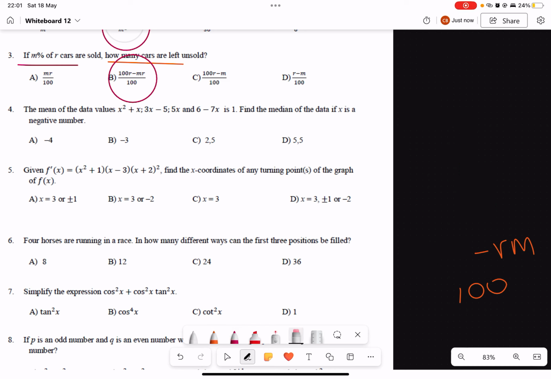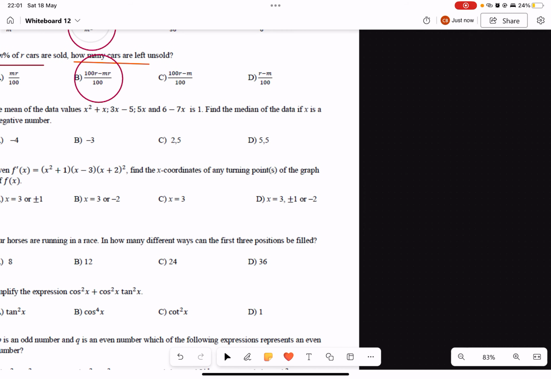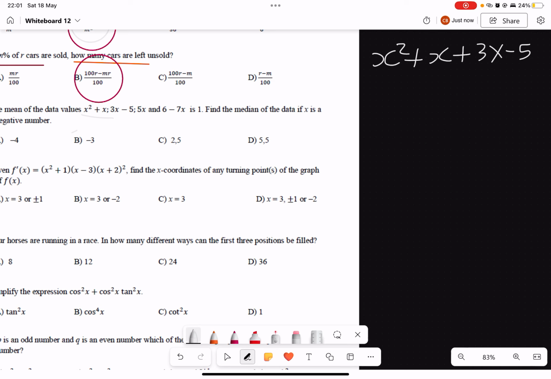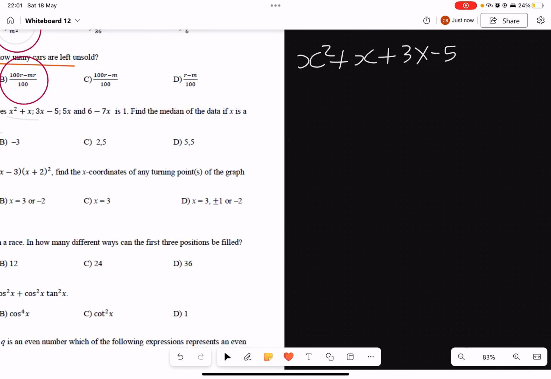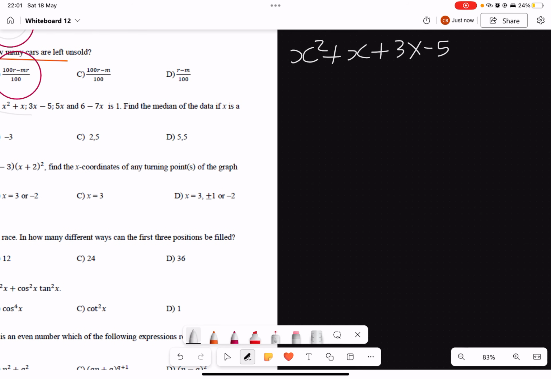So question 4, they say if the mean of the data values, so these are the data values: x squared plus x, I'm going to add it with 3x minus 5, right? And then I'm going to add it with plus 6 minus 7x.